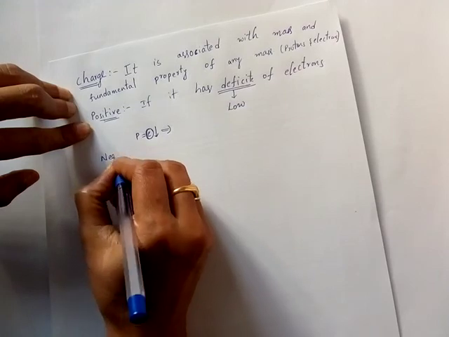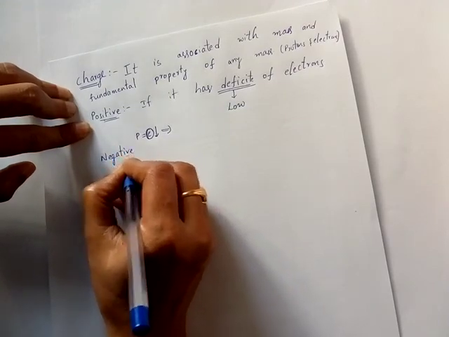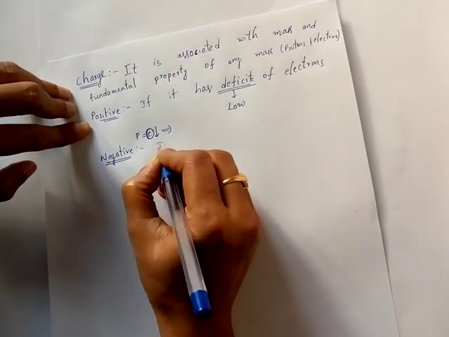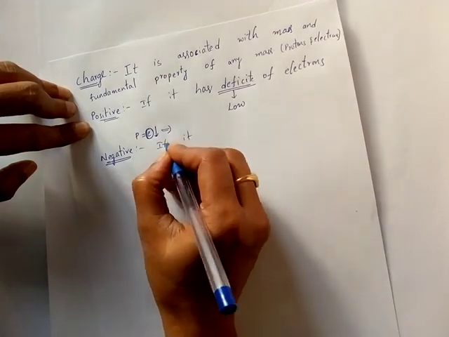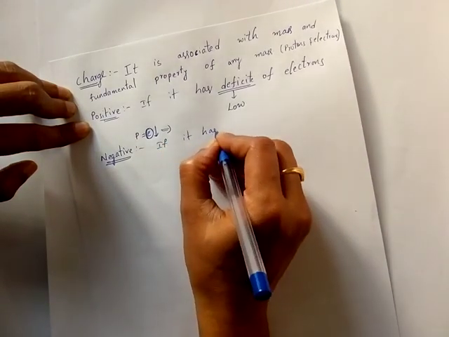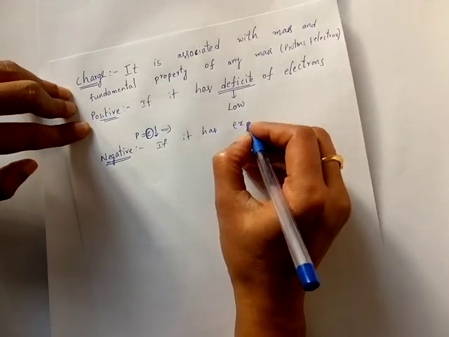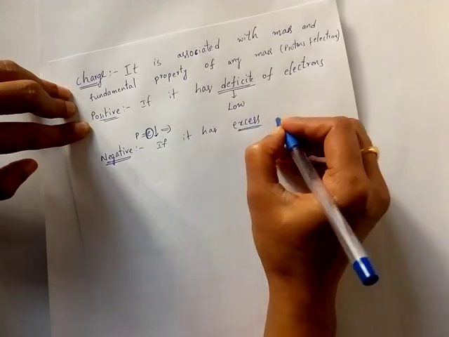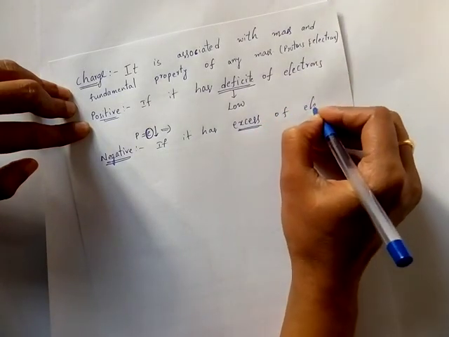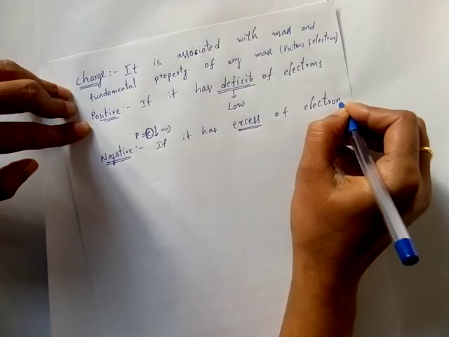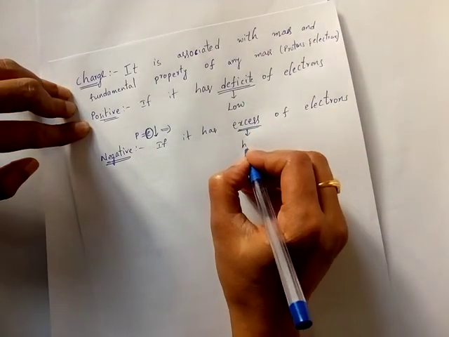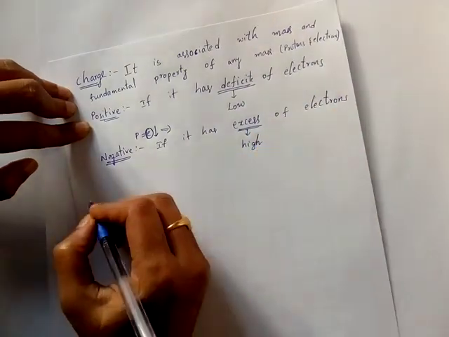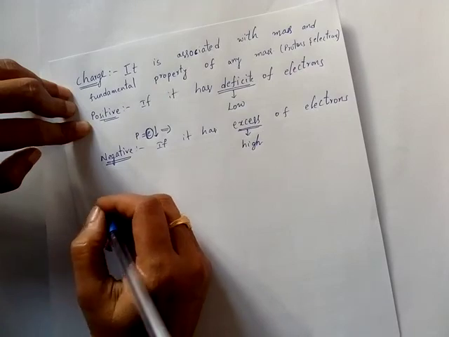Negative charge means if it has excess of electrons. Excess means high.